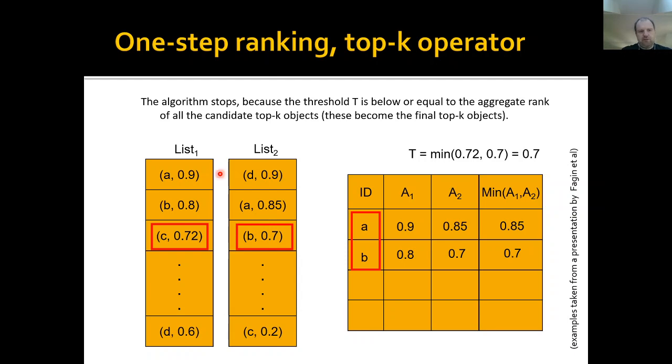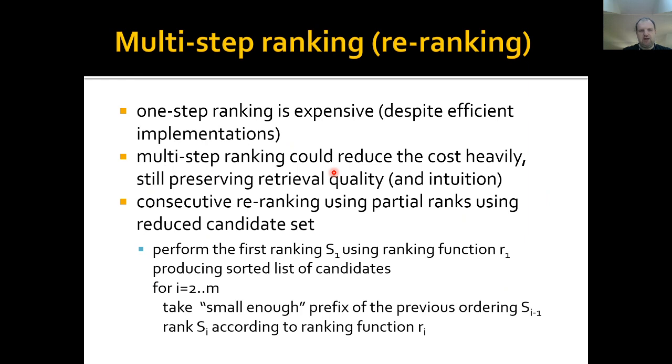Okay, and for some algorithms or use cases, this streaming and aggregating is not feasible. So a better solution could be multi-step ranking. We have one ranking already determined, for example with one stream, and once we have it, we could re-rank by some other criteria what we already got.